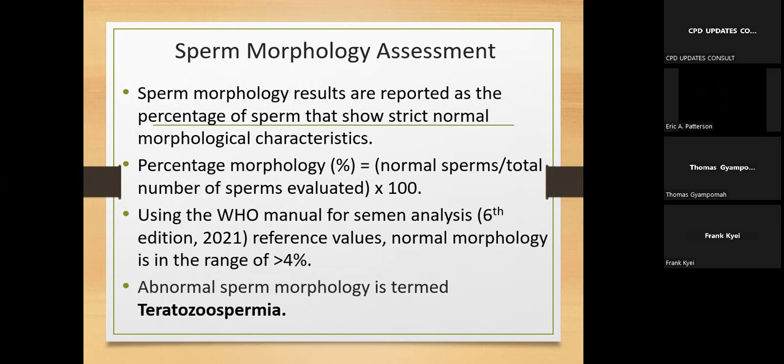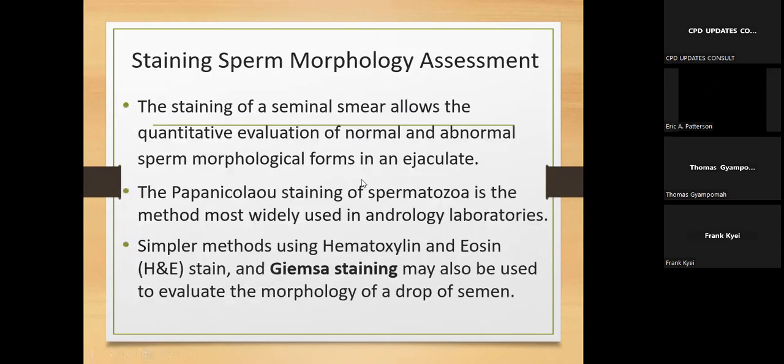So that's what it is. I'm sure you have gone through the abnormal sperms and normal ones, so you know this already. So we wouldn't worry ourselves. And then you just look at the stains that are used.